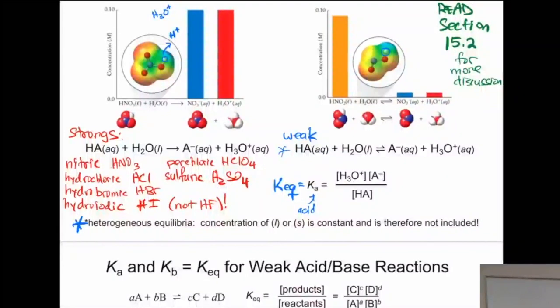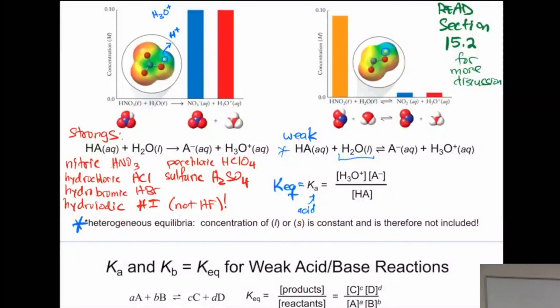When you've got a heterogeneous equilibrium, we only put things in the mass action expression when the concentrations are changing. And what else do we have on the reactant side here? We have H2O liquid. And the concentration of H2O liquid stays the same. Doesn't matter how much liquid there is, a little bit or a lot, the concentration's the same.